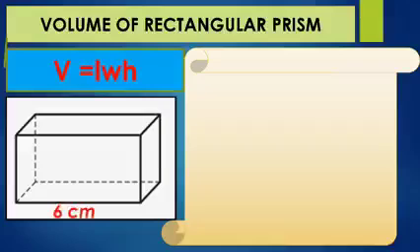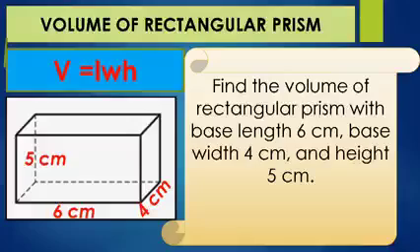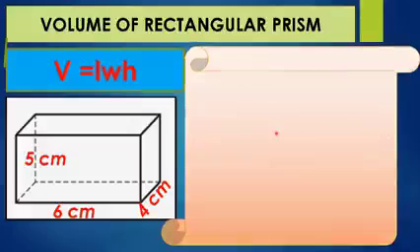Example, given measurements, we have 6 centimeters as our base length, 4 centimeters as our base width, and 5 centimeters as the altitude of your rectangular prism. So find the volume of rectangular prism with the following measurements. So una natin gagawin is, yun nga, copy the formula, that is V is equal to LWH.